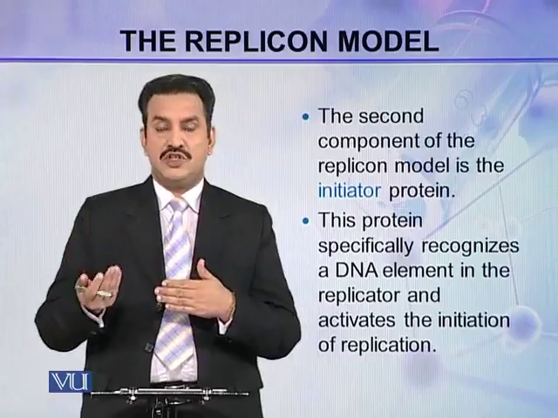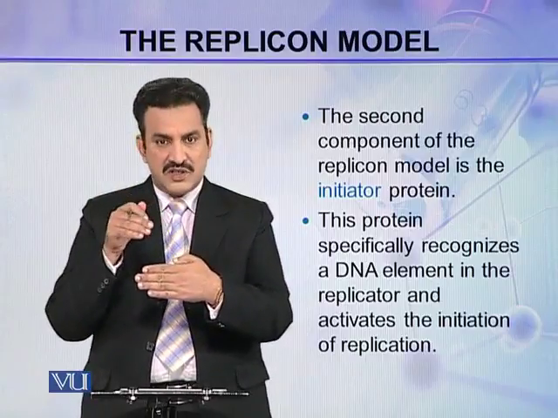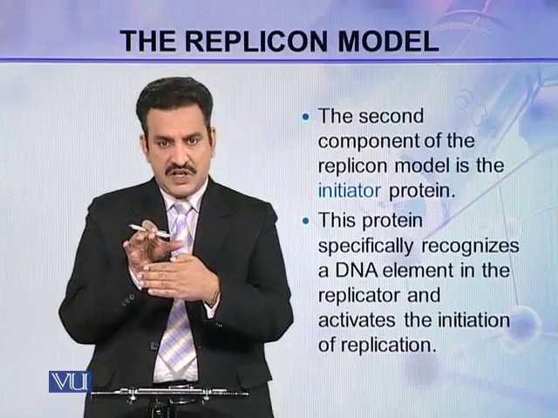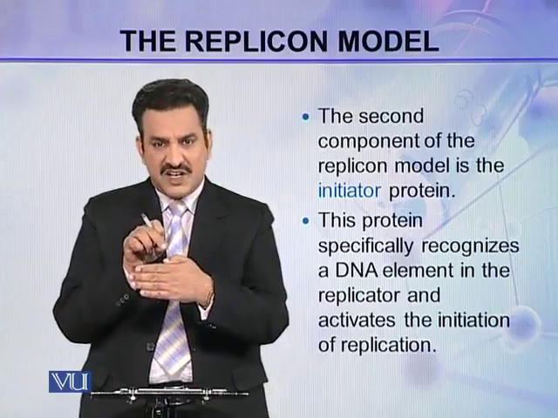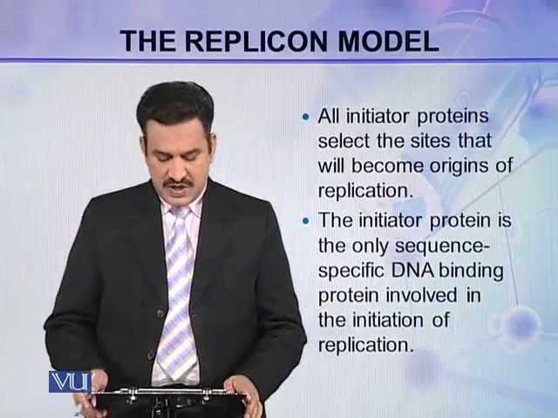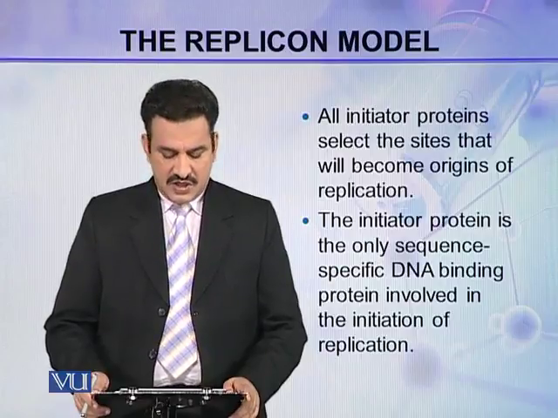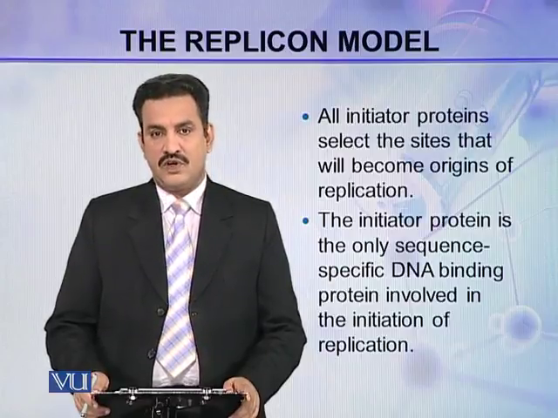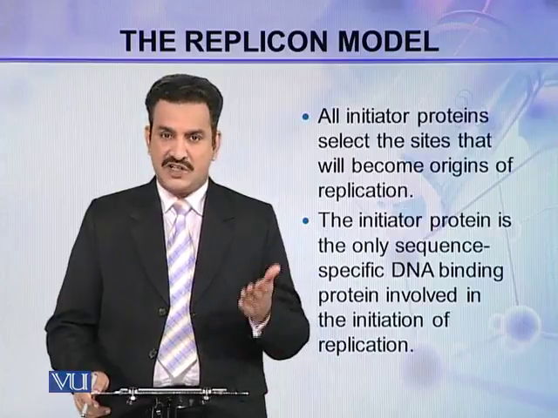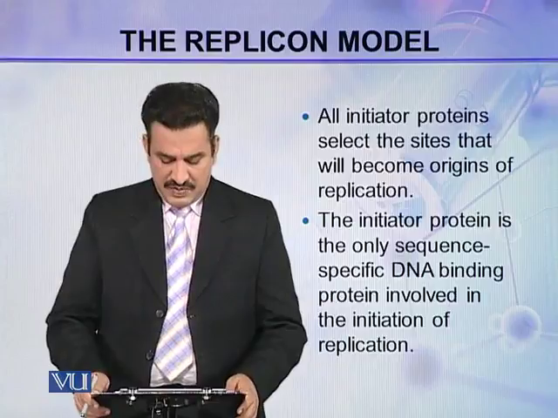The initiator protein identifies this sequence from the replicator. It identifies some specific site from where the initiation of replication will take place. All the initiator proteins select the sites that will become origins of replication. Whatever site is selected by the initiator will become the origin of replication.